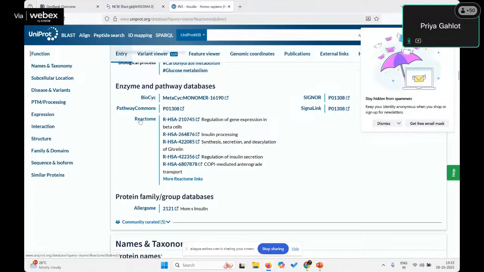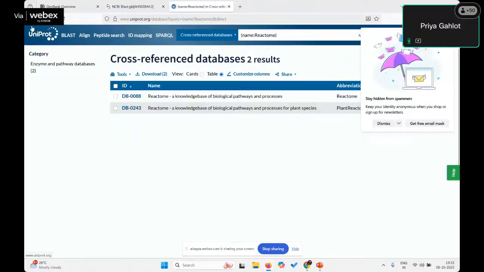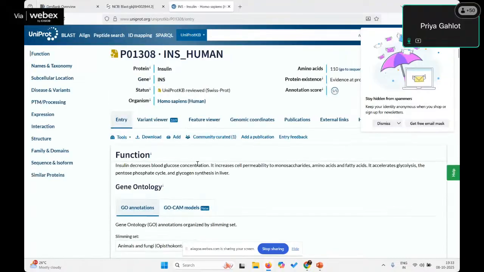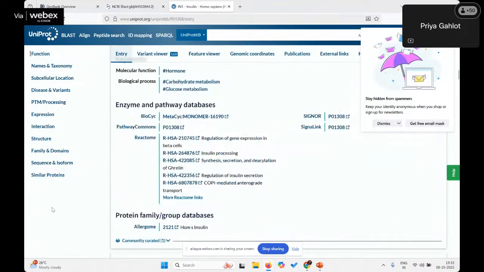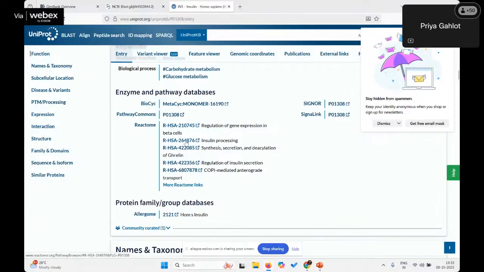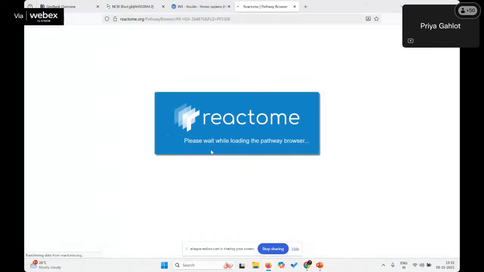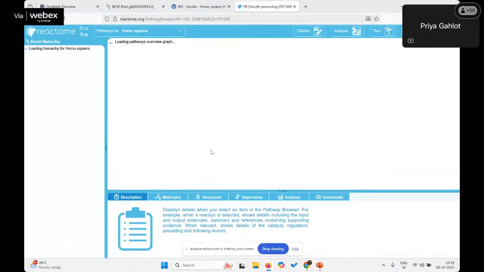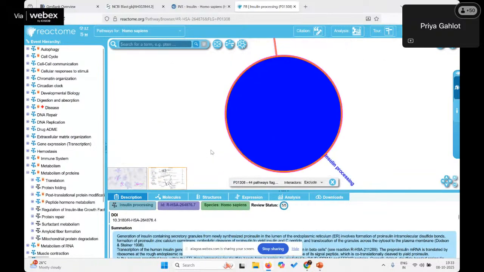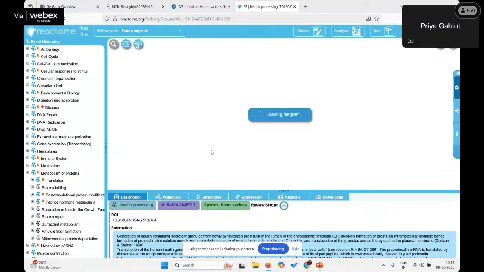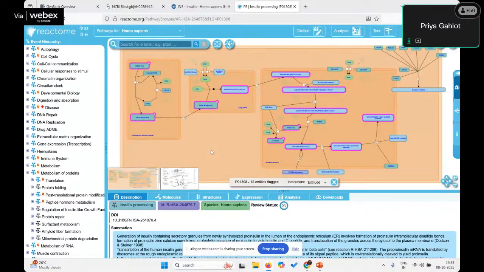Reactome is also a pathway database, a very huge database for pathway studies. There you will find all the pathways related to your particular protein, where and how it is playing a role, and then you can use it for pathway studies.